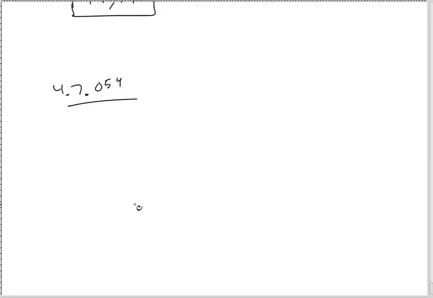Okay. Next one. There's a ton of words here. I'm going to try to summarize as best I can. Oh gosh, there's two boats. I'm going to draw the picture. So we have a dock, and then we have boat 1 and boat 2. Why did I use 1 and 2 instead of A and B? I don't know. So let's say boat A is going south at 20 kilometers per hour.